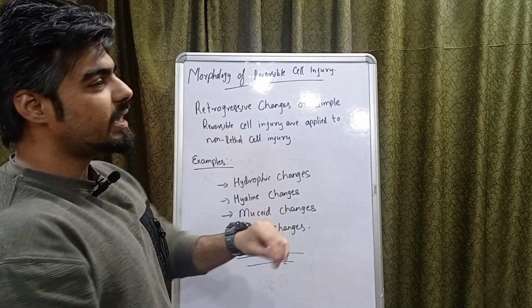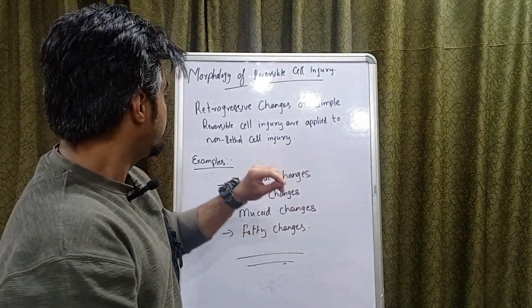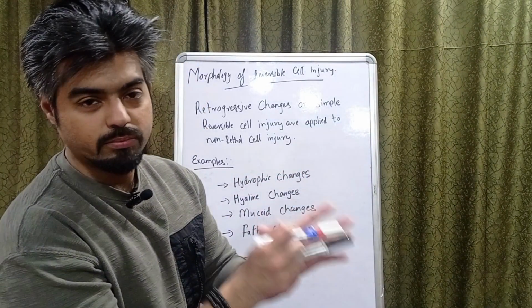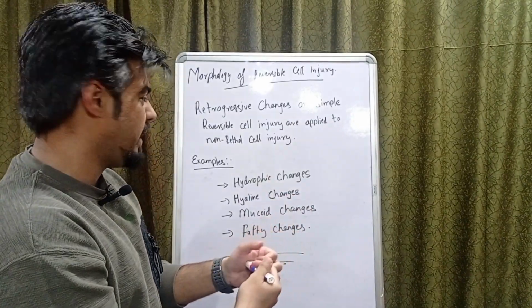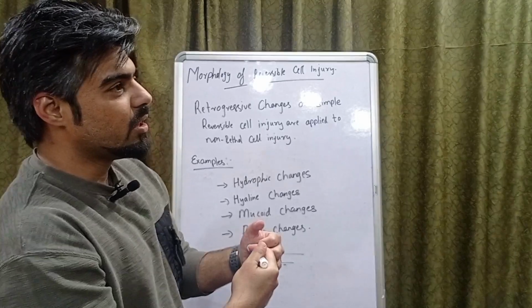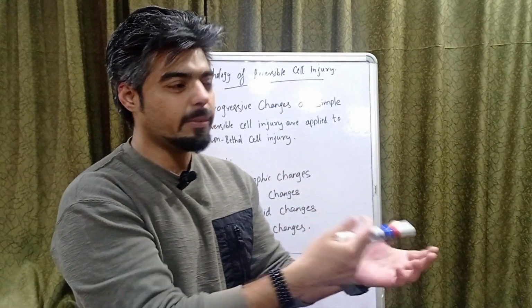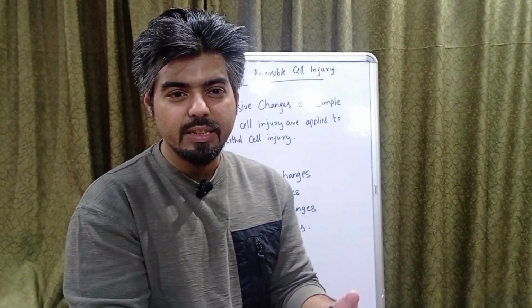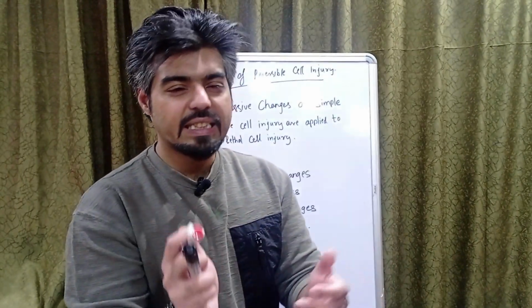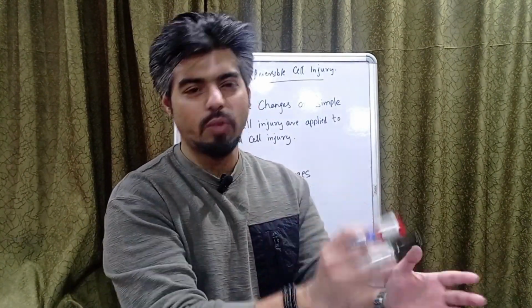Basically, the morphology of reversible cell injury is a retrogressive change, or you can say a simple change that occurs in any cell, which is non-lethal. As soon as the toxin or any chemical product is taken care of, the cell gets back to its normal shape and functioning.